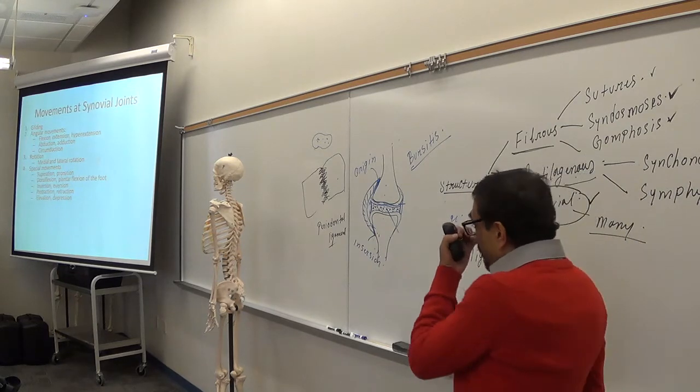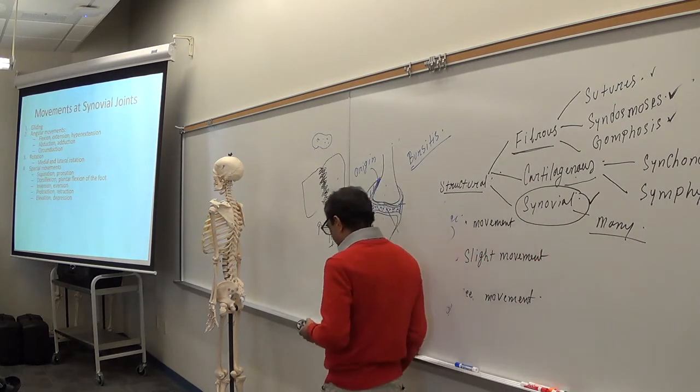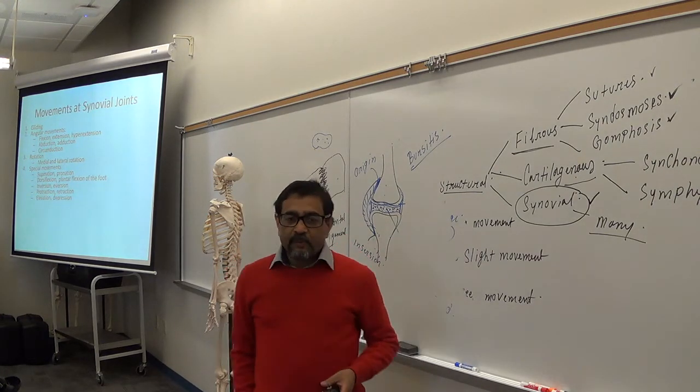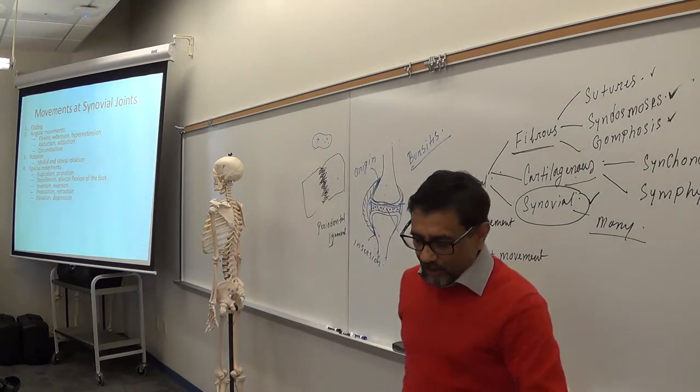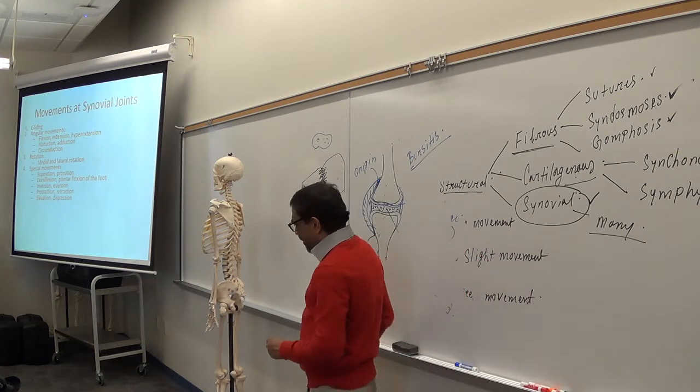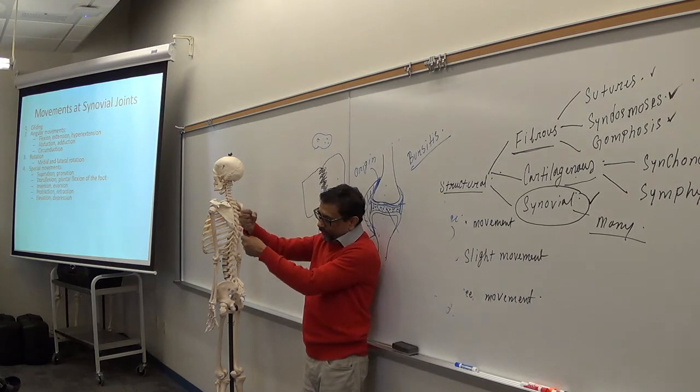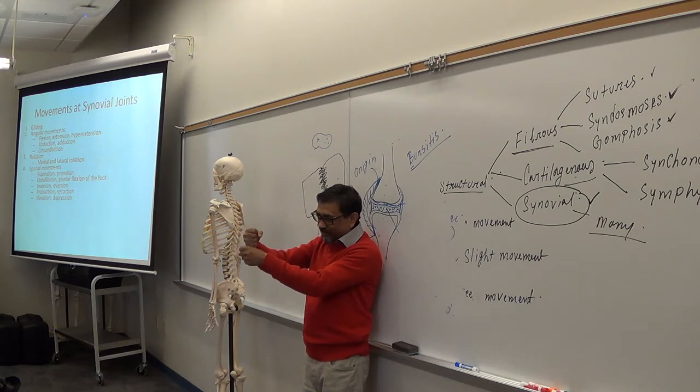Now, we'll talk about different movements in the synovial joint. One type of movement is called gliding. What happens in gliding, you see, 2 short bones. This is one short bone, this is another short bone, and this surface is flat, this surface is also flat. So 2 flat surfaces of 2 short bones move like this.